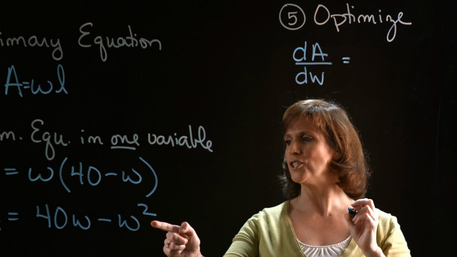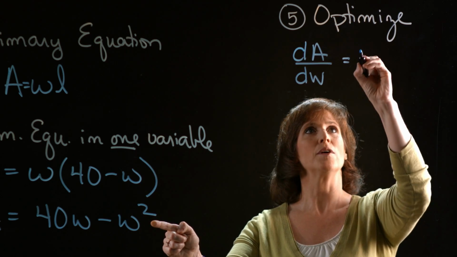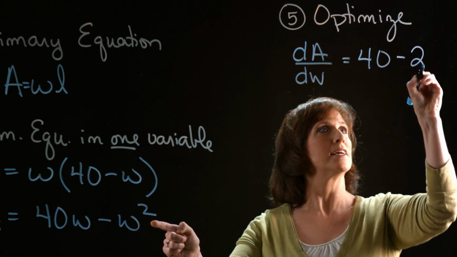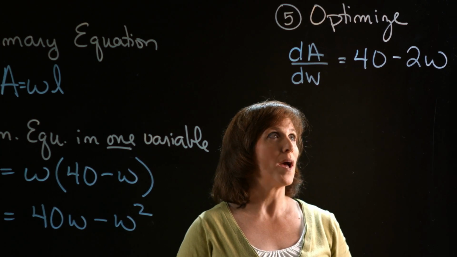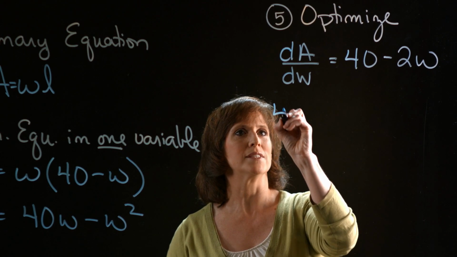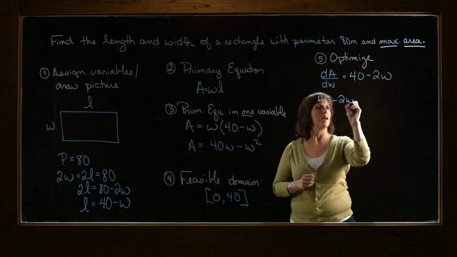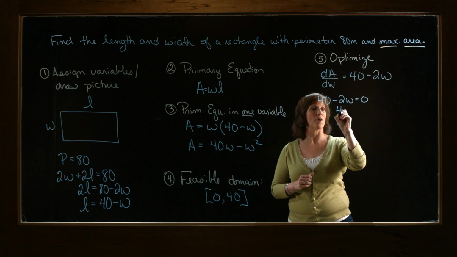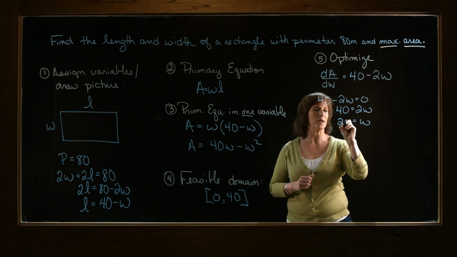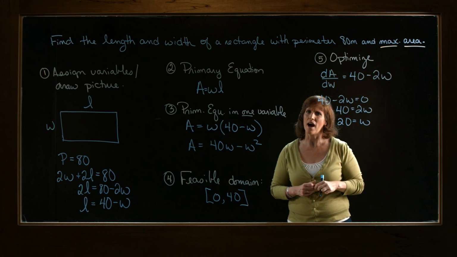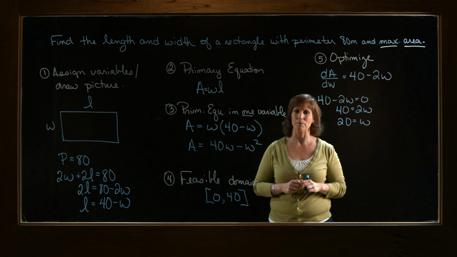Looking at my function A, dA/dW is going to be 40 minus 2W. I know that it can equal 0, and it's going to equal 0 when W is 20. It will never be undefined, so I don't have to worry about that.